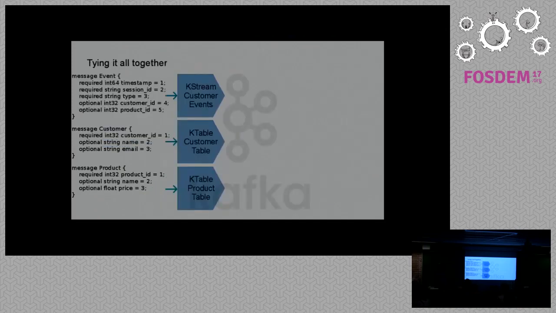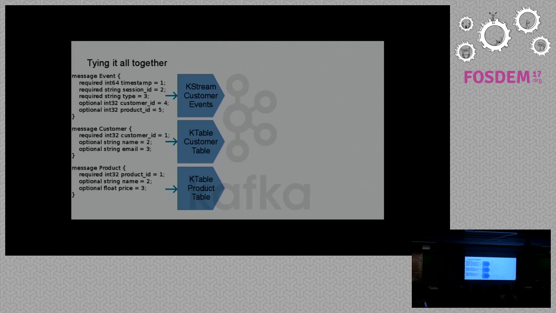Here we have 3 different systems that emit events to Kafka. For example, a web service that writes log events to a stream, so log events from your website, for example. In there we have a timestamp field, a session ID, and a type, like, okay, user looked at a product, or a customer put a product in the shopping cart.